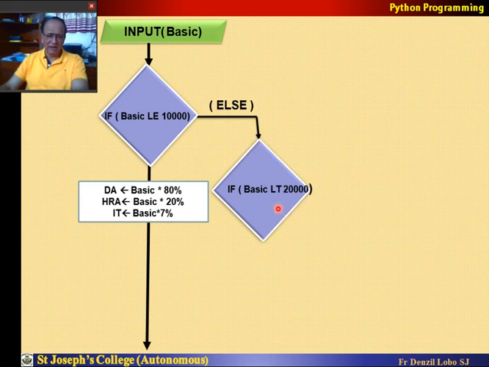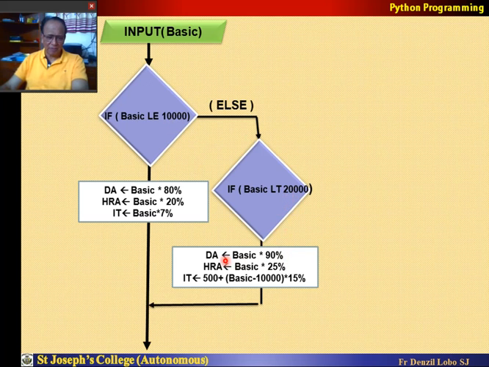The next option is if it is more than 10,000 but less than 20,000. Then DA is equal to 90% of basic, HRA is equal to 25% of basic, and IT is equal to 500 plus 15% of the amount greater than 10,000.